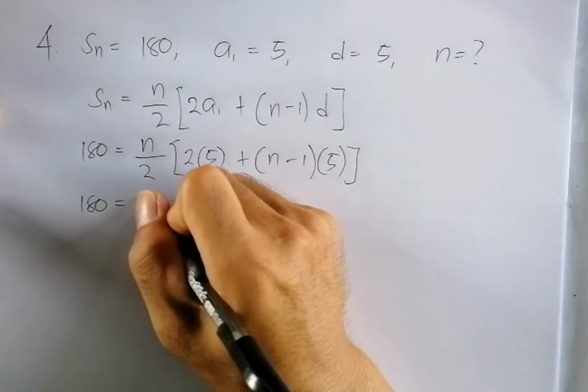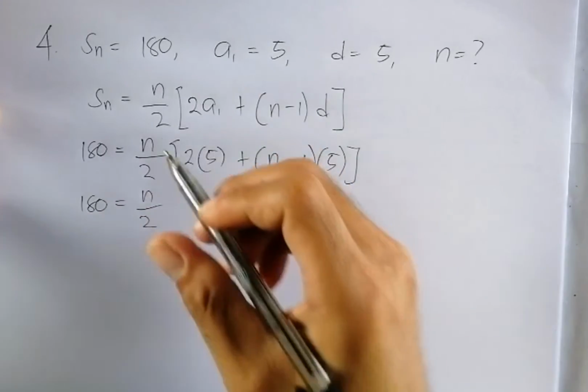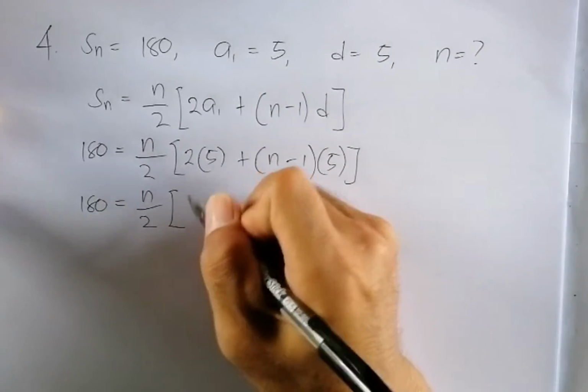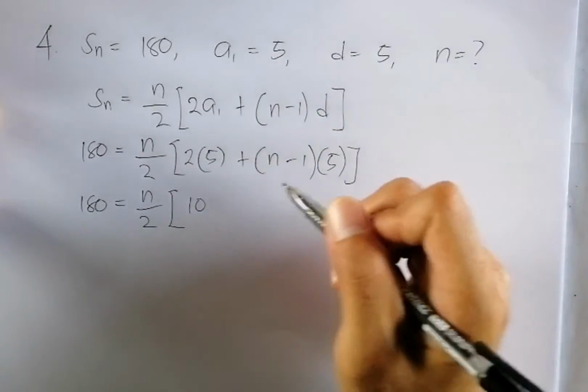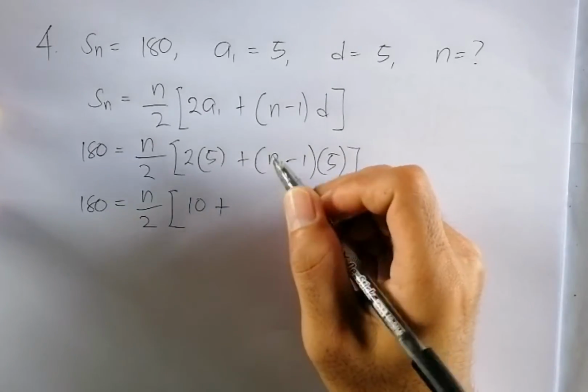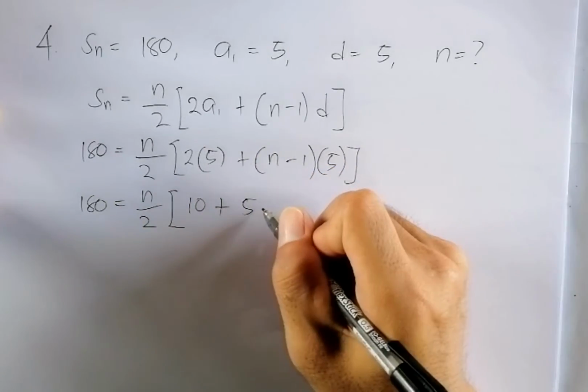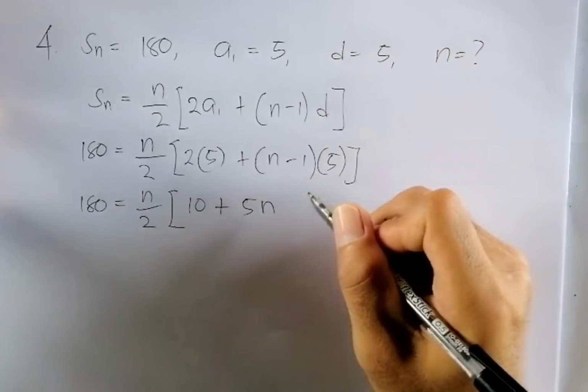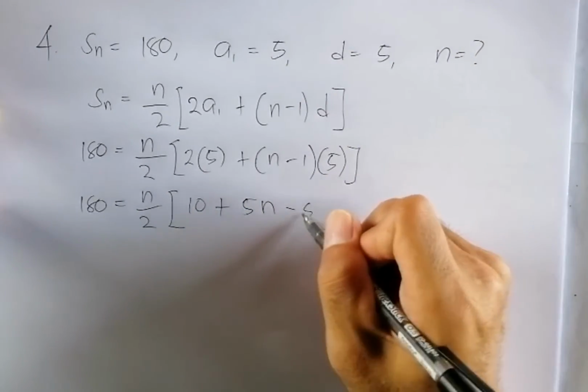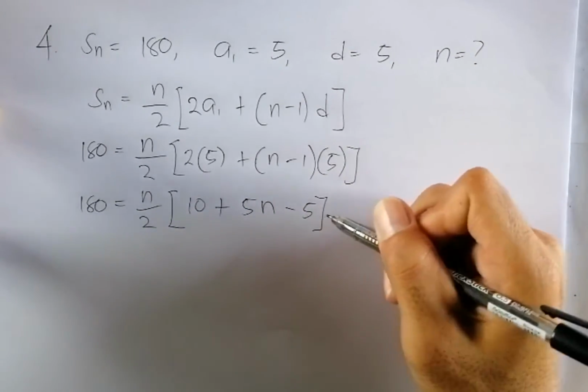So we have 180 is equal to n over 2 times open bracket 2 times 5, that is 10, plus n times 5, that is 5n. Then negative 1 times positive 5, that is negative 5, close bracket.